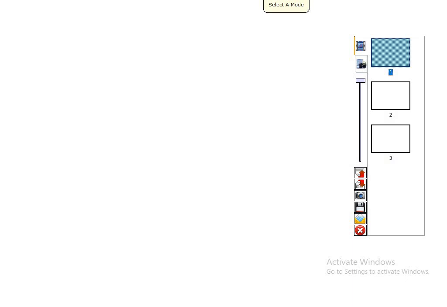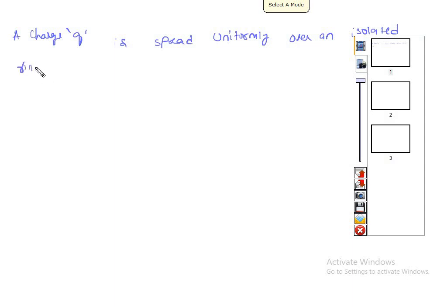The next question is: a charge q is spread uniformly over an isolated ring of radius r.